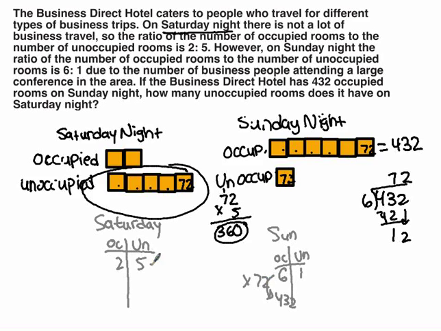So you're going to multiply this by 72, and that's how you come up with the answer of 360. So tables work for this as well.